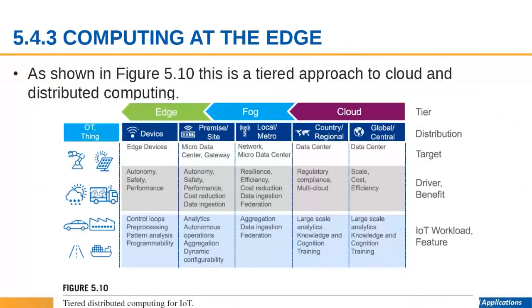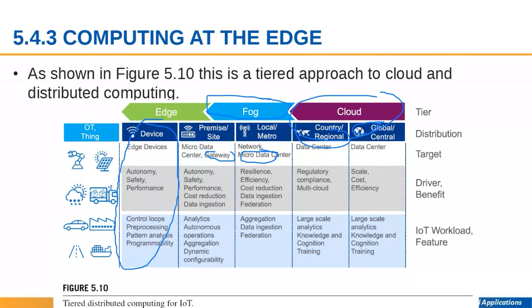If we use a figure to illustrate, the device here belongs to the edge, no problem. The regional and global data centers are the cloud, no problem. And the places in between, for example the micro data center and the gateway, like your Wi-Fi router, which can do computing, right?